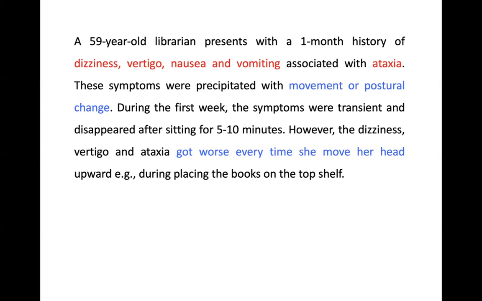Another keyword is that the symptoms got worse every time she moved her head upward, for example when placing a book on the top shelf. She's a librarian, so every time it's precipitated when she performs her work.